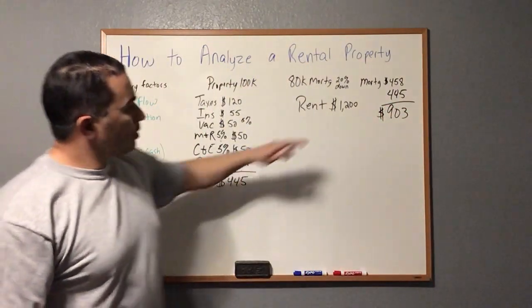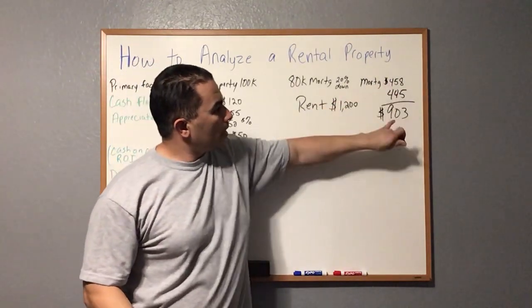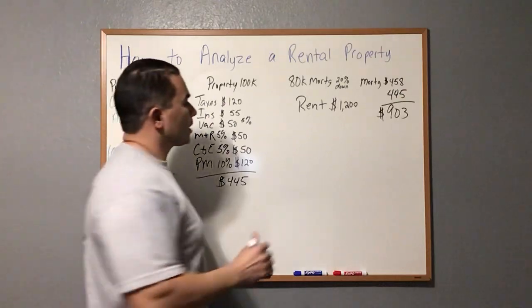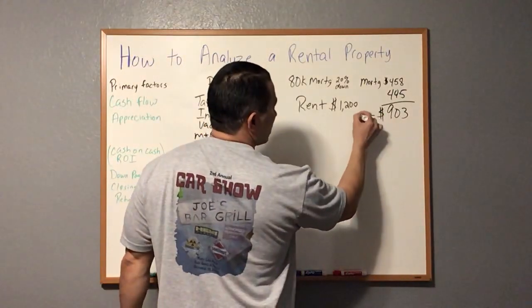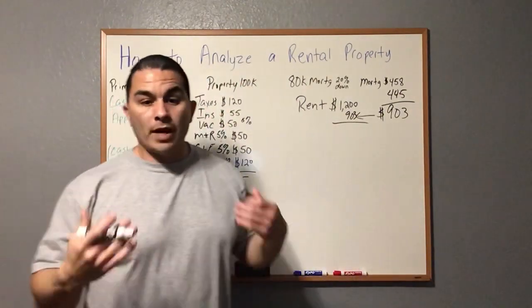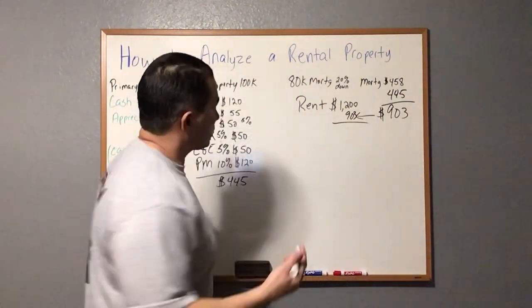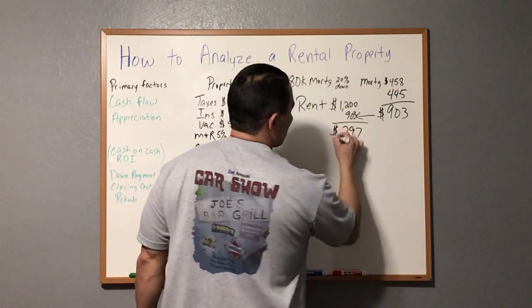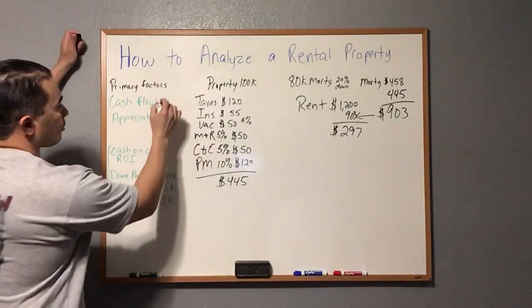Your expenses and your mortgage added up, that is your total expenses, $903. So then you're going to take your $903 and put it here. You're going to subtract it from the rent that you collect each month, which comes up to $297. $297 is your cash flow.